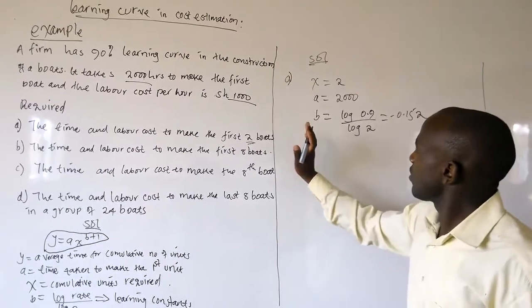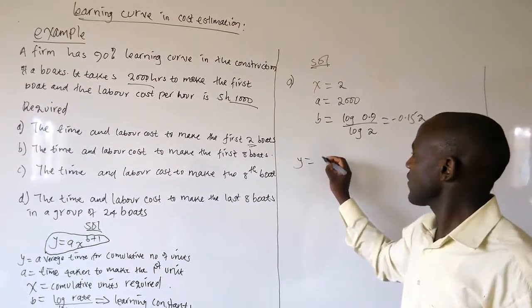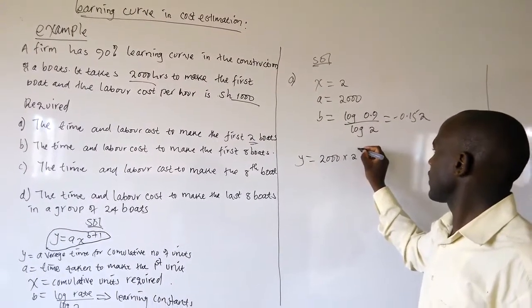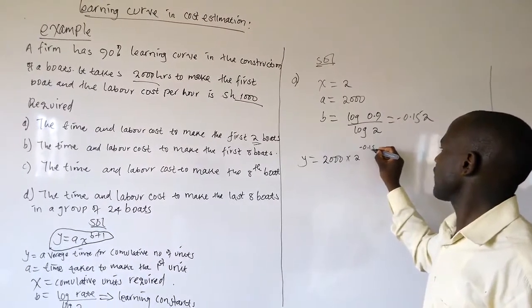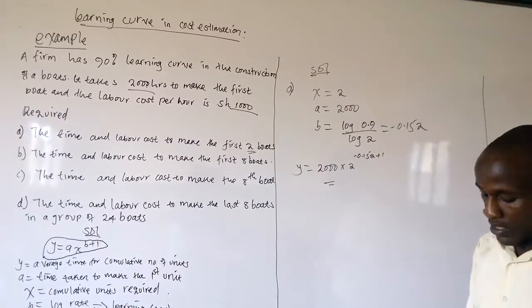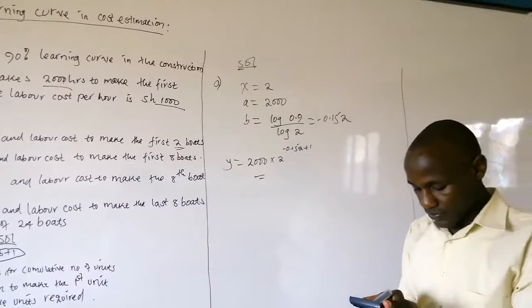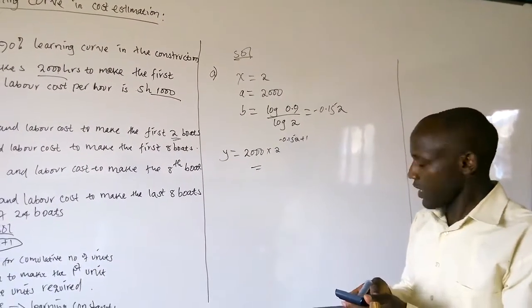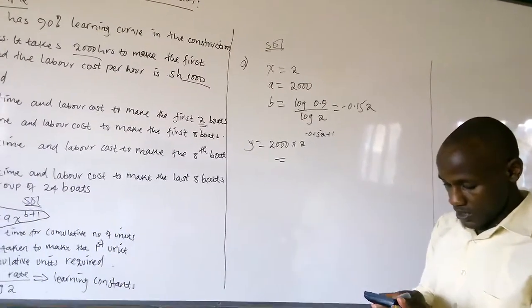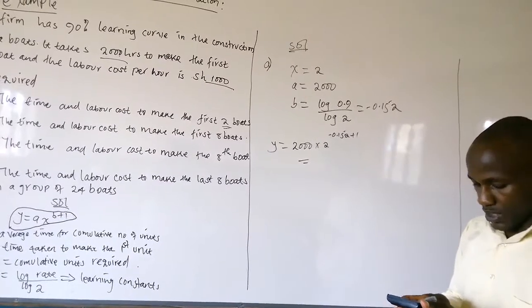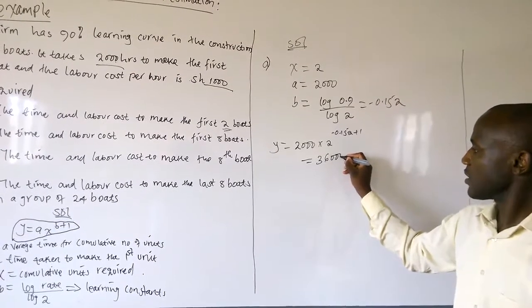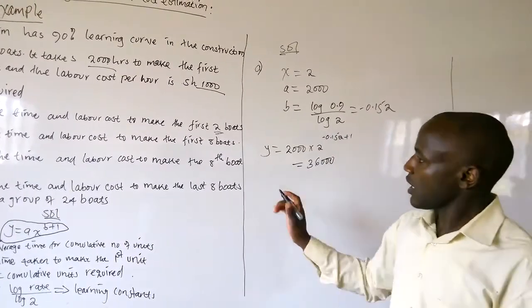So our average will be given by 2,000 times 2 raised to power negative 0.152 plus 1, and getting that from our calculator, 2 raised to power negative 0.152 plus 1, times 2,000, we get 36,000.